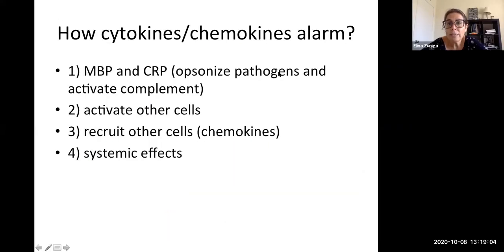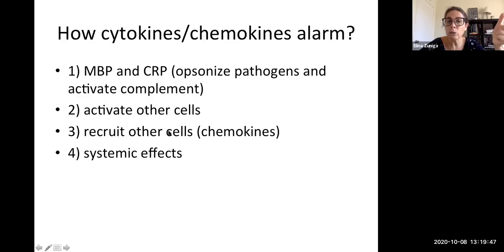How will these cytokines and chemokines alarm? We will cover four ways in which cytokines and chemokines can alarm that there is a potential danger. One is by inducing mannose binding protein and C-reactive protein, and we'll look in the next slide at how they can opsonize pathogens and activate complement. So number one is the production of these two proteins. Number two is the activation of other cells: cytokines can activate other cells.